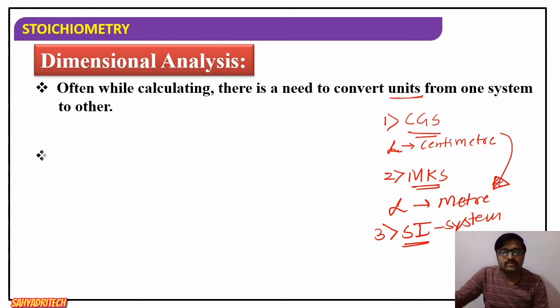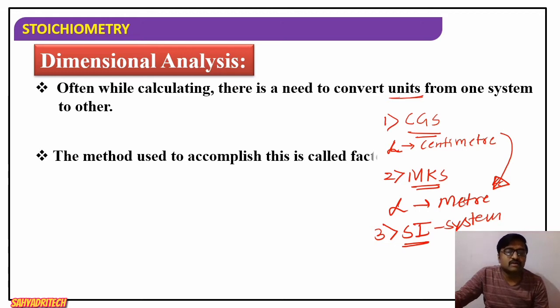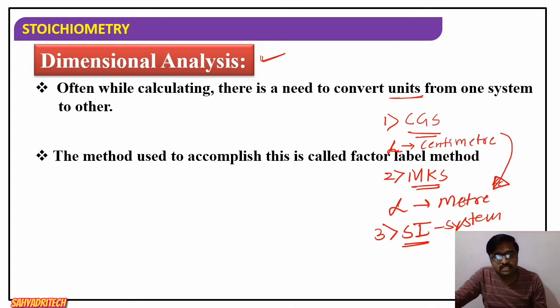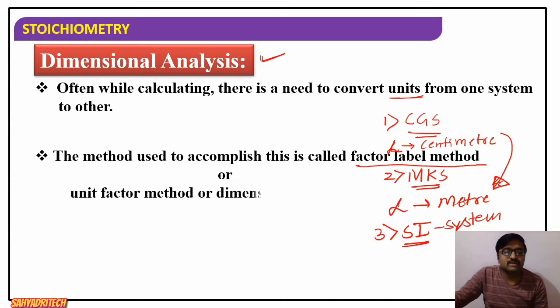How to convert that? The conversion must follow certain factors, or certain rules. The method or procedure followed for the conversion of units from one system to another is called the factor label method, or the unit factor method, or simply dimensional analysis.